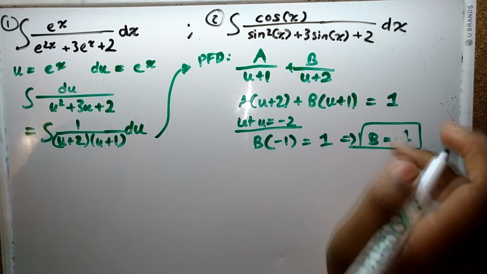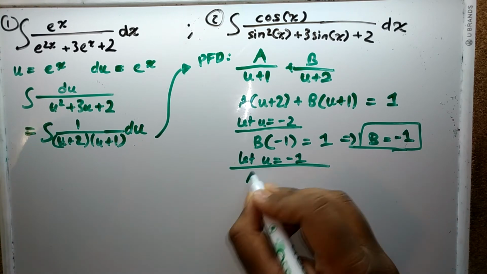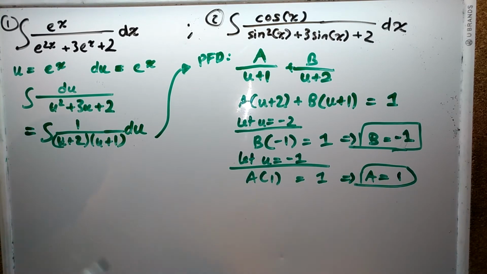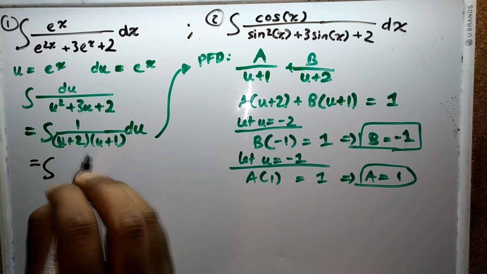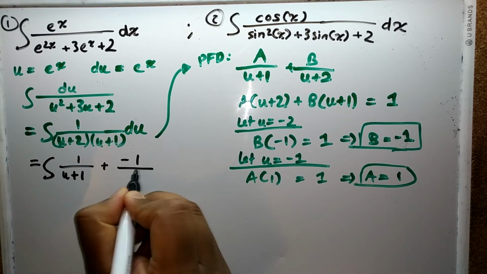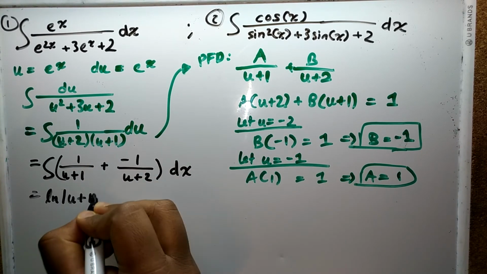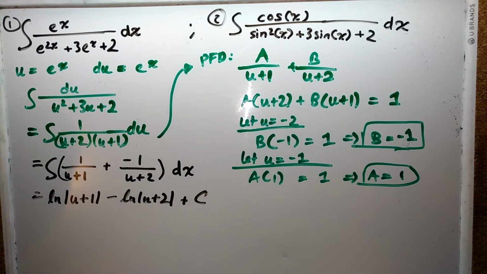Here it's nothing new, we're just doing the same thing we did in the first example. We can isolate for a and b, so we get a equals 1 and b equals -1, and then we can put that back into our original integral. So it's going to be 1 over u plus 1 plus -1 over u plus 2, and we can integrate that by inspection. It's just going to be ln of u plus 1 minus ln of u plus 2.